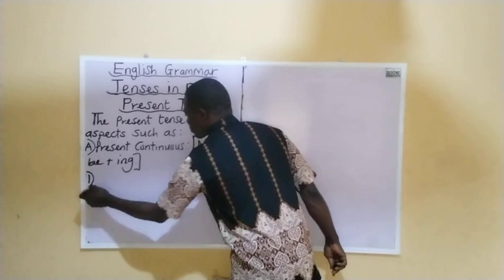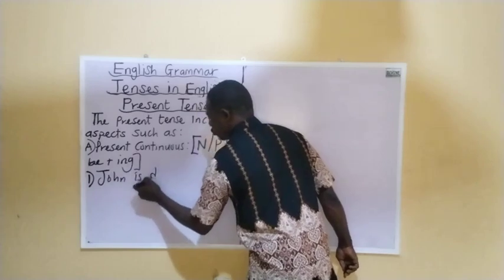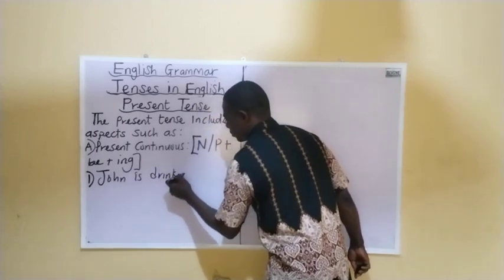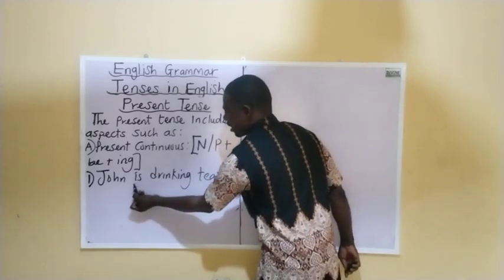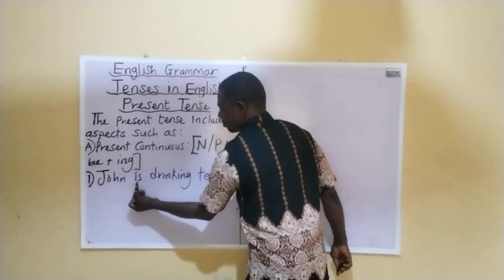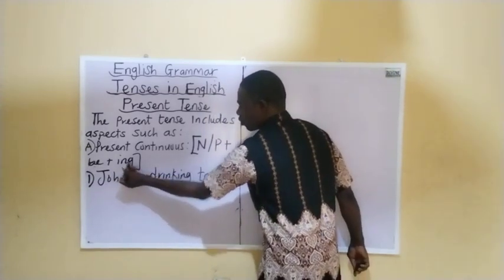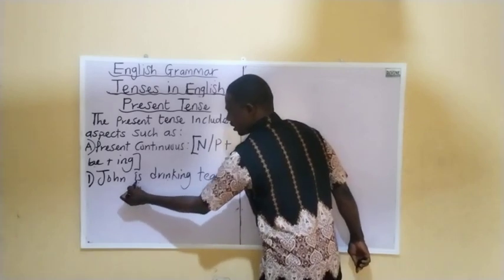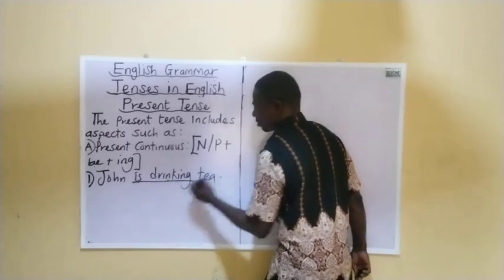Okay, fine. Let's look at examples. Example 1. John is drinking tea. Is here is from the verb be, indicating present, while drinking shows continuous. So is and drinking makes it what? Present continuous.